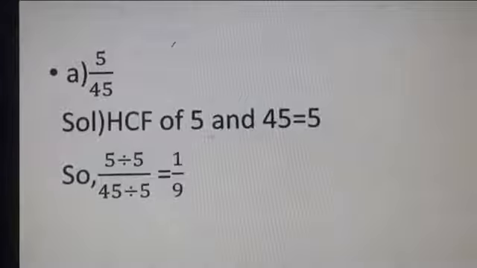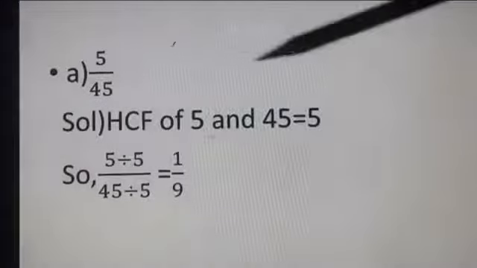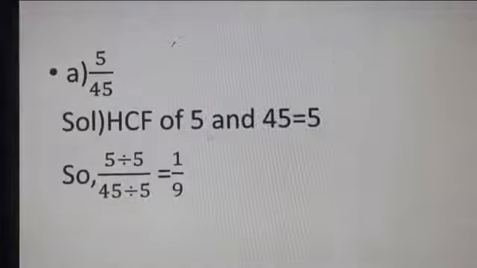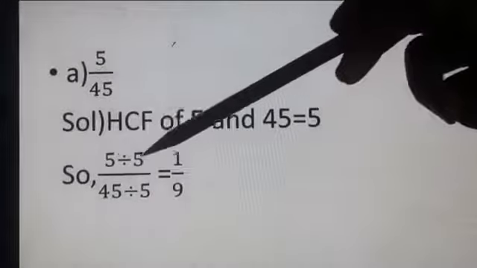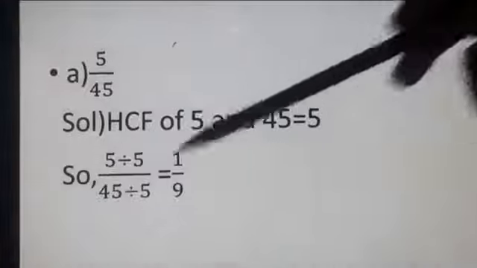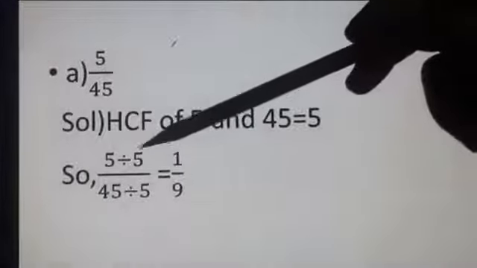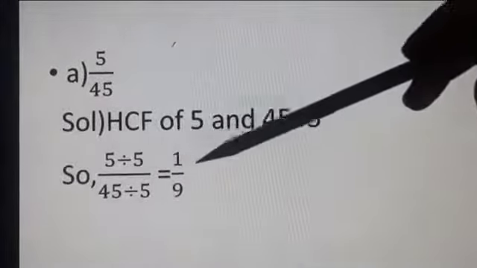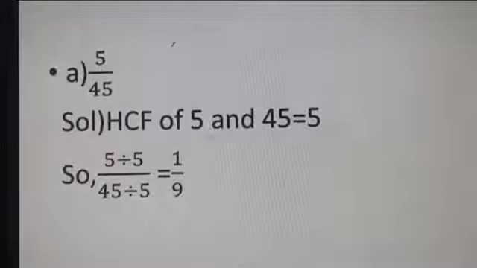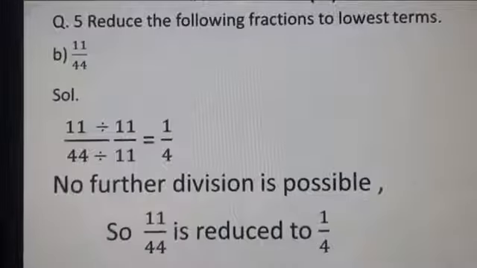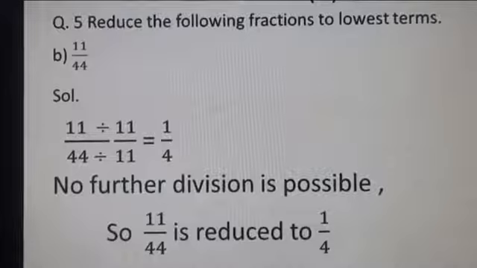So the last divisor is 5. Now we will divide the given fraction by its HCF: 5 divided by HCF, 45 divided by HCF. So after division we will get 1 upon 9. It is your wish. You can take method 1 or you can take method 2.